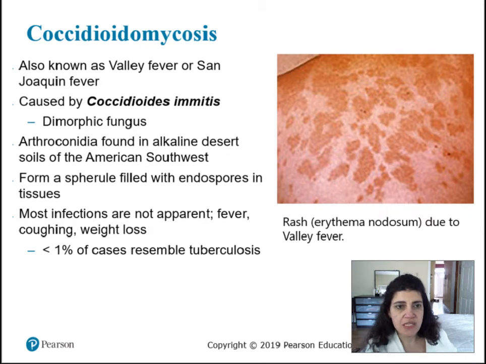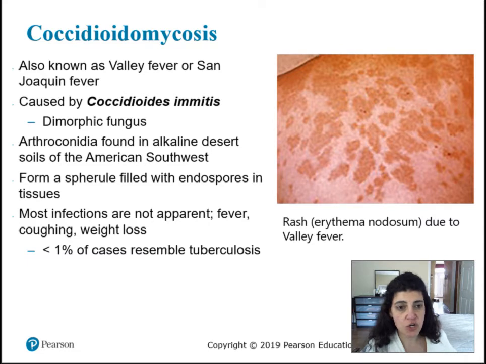Coccidioidomycosis. This is a disease also known as valley fever or San Joaquin fever, because that's where you had an outbreak, in San Joaquin in California. It's caused by Coccidioides immitis. That's another dimorphic fungus. The arthroconidia, or that part of the mold where the spores are, are usually found in the American Southwest.